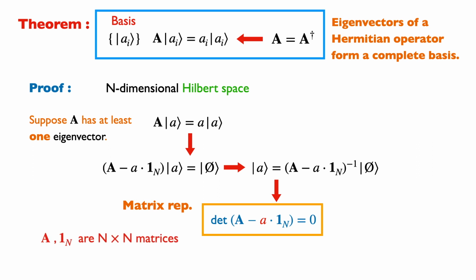The subscript n of the identity indicates its dimensionality. The implication is that if there exists a complex number A that satisfies this equation, given the matrix A, then the operator A has at least one eigenvector that corresponds to this number.